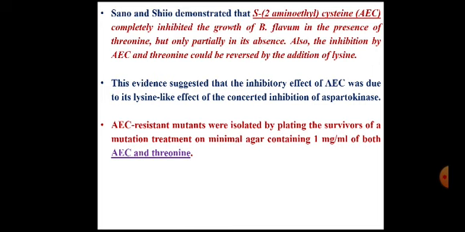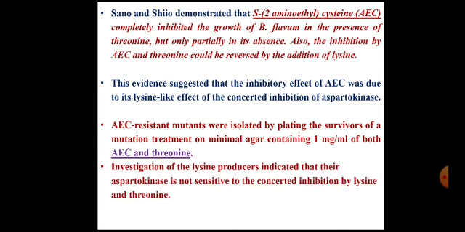Therefore, analog resistant mutants were isolated by plating the survivors of mutation treatment on minimal agar medium containing AEC and threonine. Whatever organisms grow on this medium will be possible AEC resistant mutants and possible overproducers of lysine.